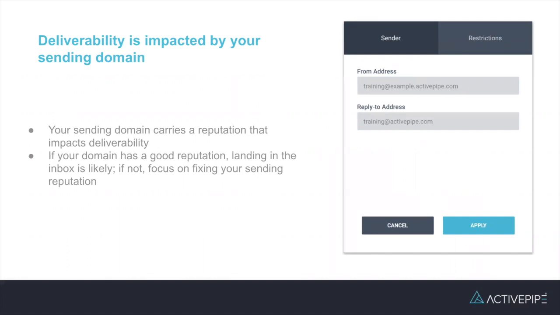Let's talk about your domain sending reputation. Your sending domain is what comes after the @ symbol in your email address. For instance, mine would be @activepipe.com. And for many of you, this will be your website address.